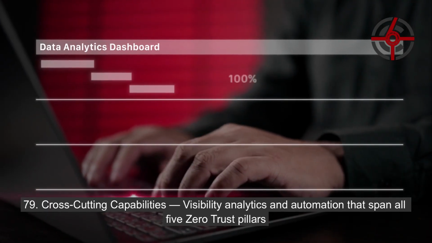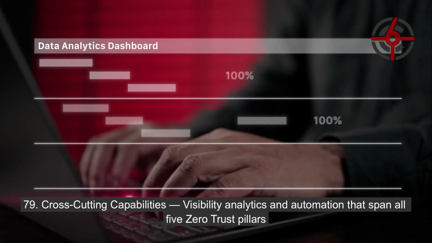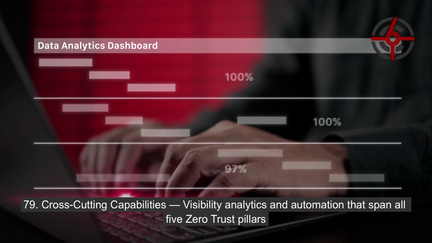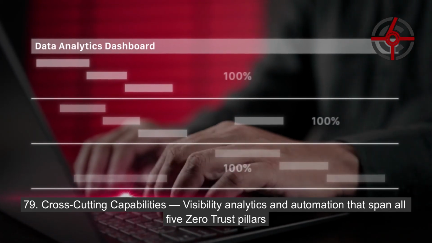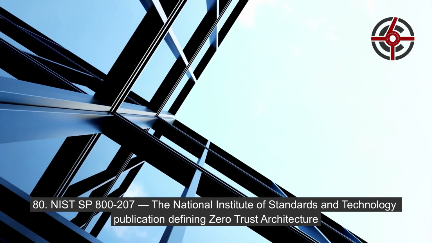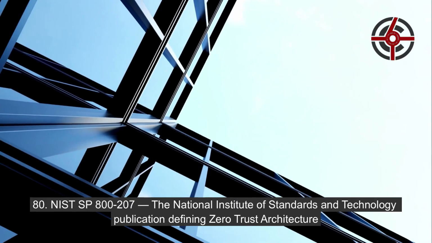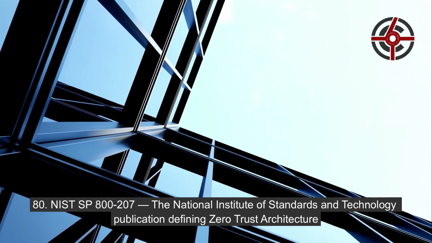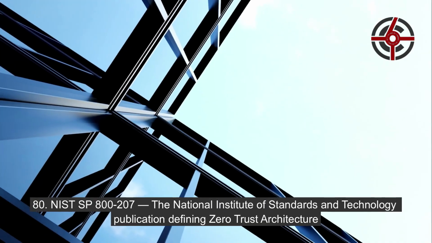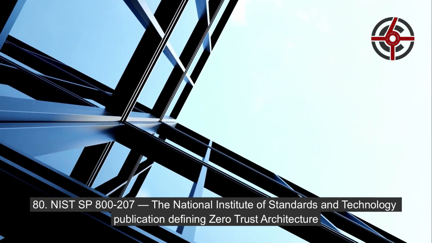Cross-cutting capabilities, visibility, analytics, and automation that span all 5 Zero Trust pillars. 80. NIST SP 800-207, the National Institute of Standards and Technology publication defining Zero Trust architecture.